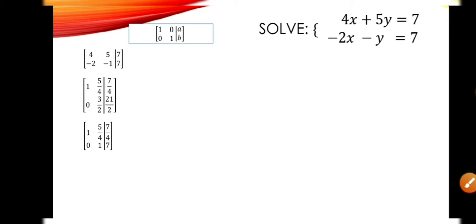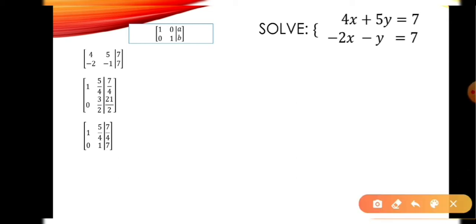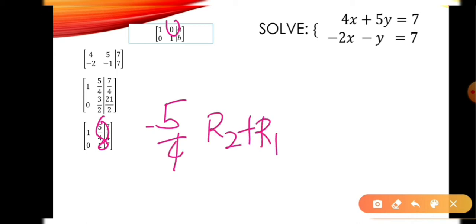Next, since we already have 0 1, you have to make 5 over 4 into 0. How are you going to make it 0? We will use negative 5 over 4 times row 2 plus row 1. Negative 5 over 4 times 0 plus 1 is 1.